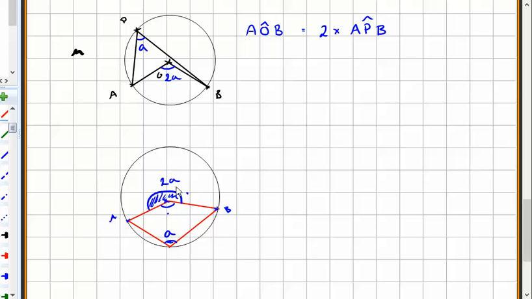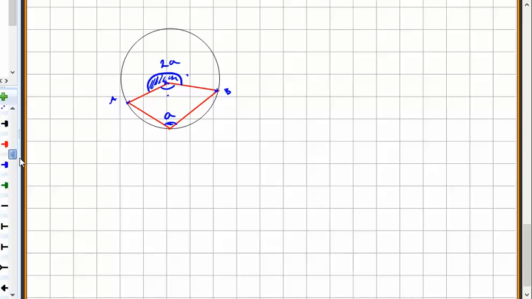All right. So one final one that we will go through is the ones with parallel lines.